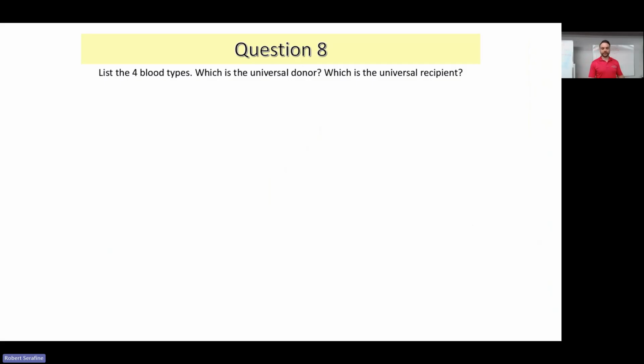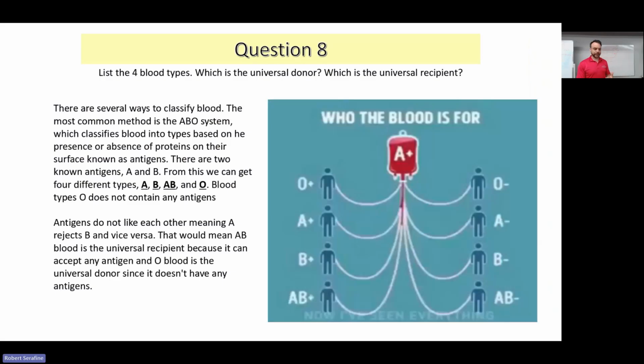And these antigens have a particular type. So the 2 types of antigens we have are A and B. But then sometimes we have blood that is mixed with both antigens, A and B. And then we have red blood cells with no antigens at all, which we call blood type O.